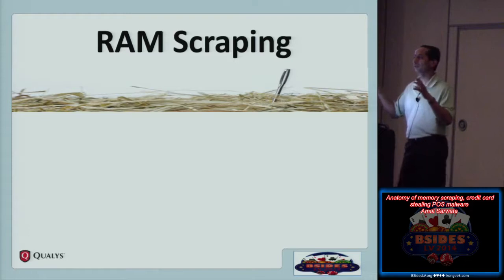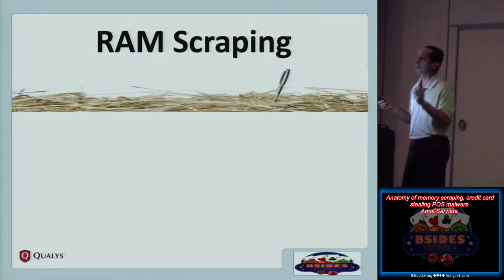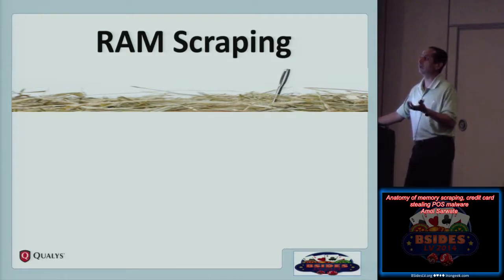The POS software will try to keep unencrypted data in memory for only a very short, bare minimum time. And then it will try to either write zeros in that data structure, or write ones, or clear the buffer, so that it can't be attacked. So what the malware does is optimize to do this scraping really fast before the transaction is over.